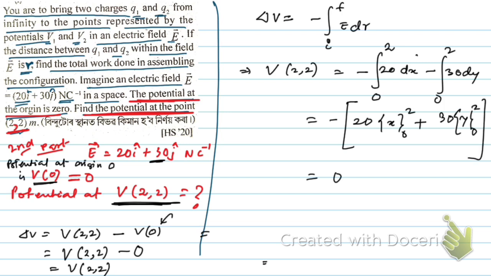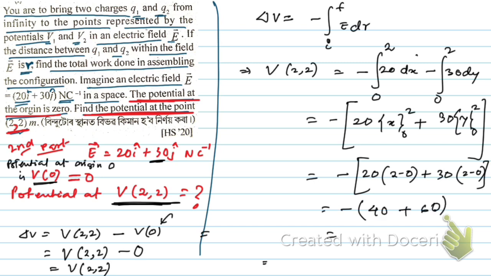Okay, minus 20 into x, 2 minus 0, and plus 30 into y, 2 minus 0. So we have used the upper and lower limits. So here we're going to get 40 plus 60, that's going to be minus 100. So that is what we have got, right? 100 volt. So this is the answer.